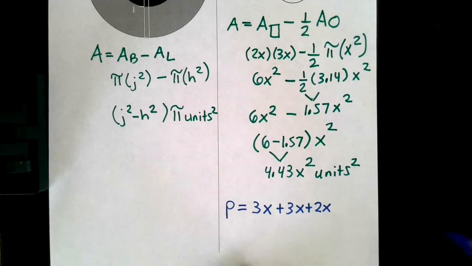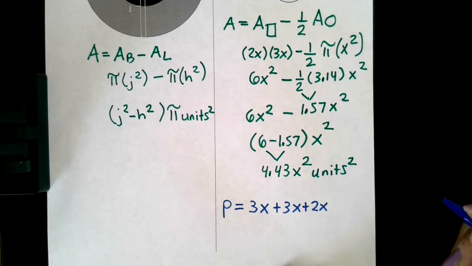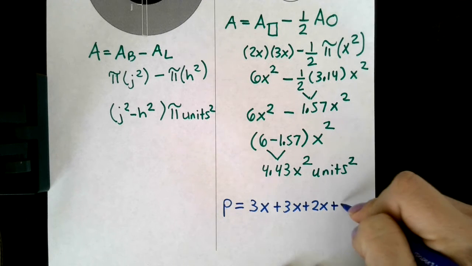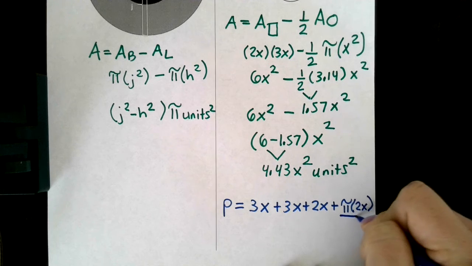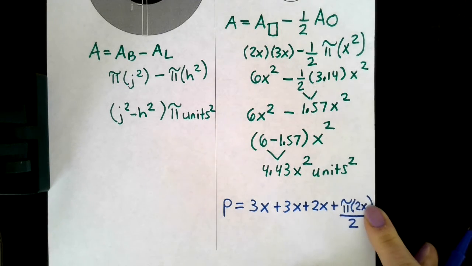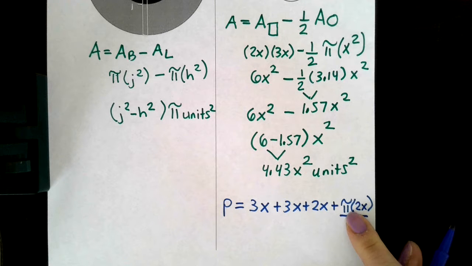And then I also have half of a circle, so I need to use the circumference formula to find half of a circle's circumference. Since the diameter of the circle was 2x, I'm going to multiply the diameter times pi. I'm dividing by 2 because we're using half of a circle.